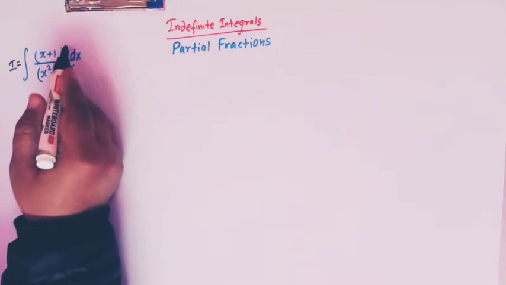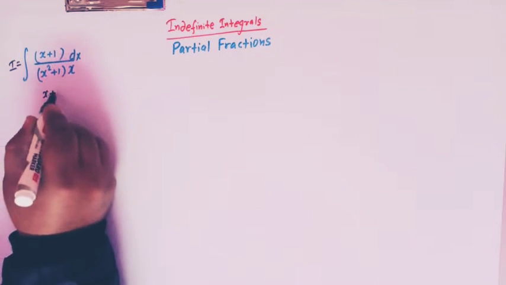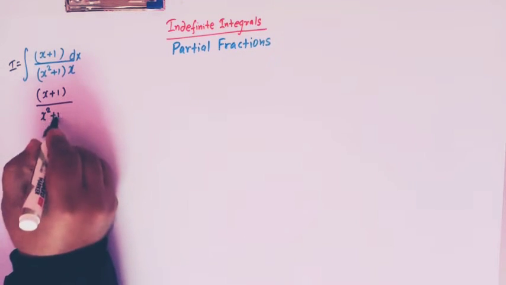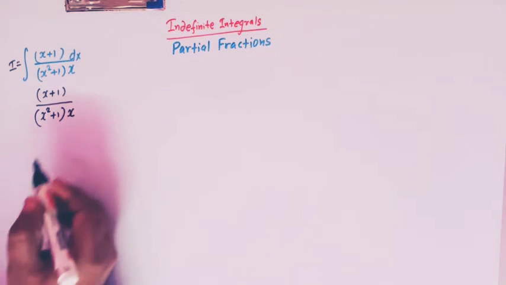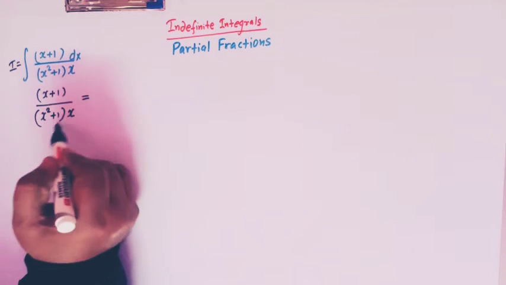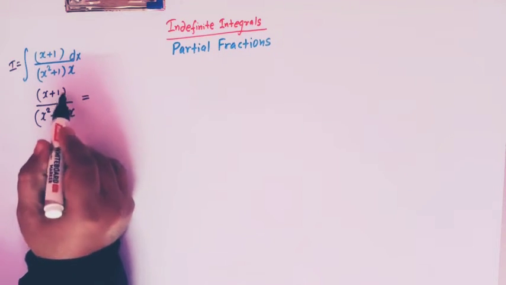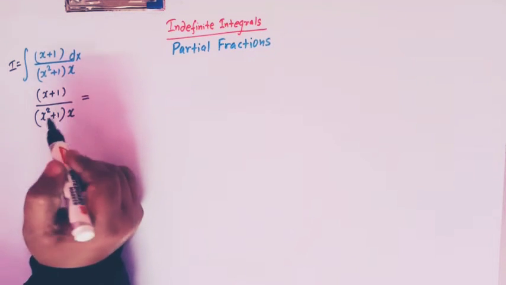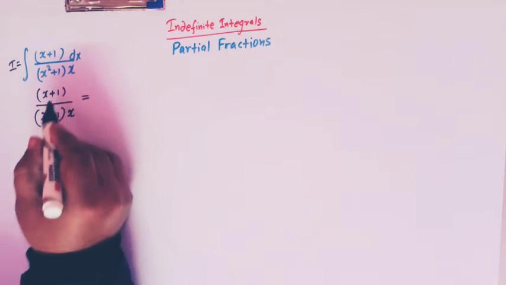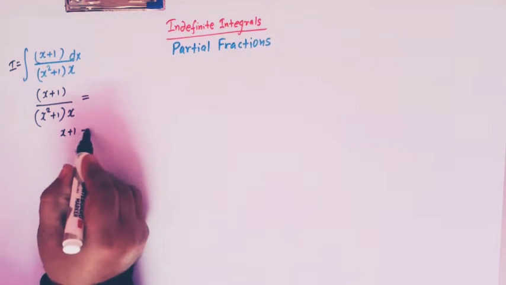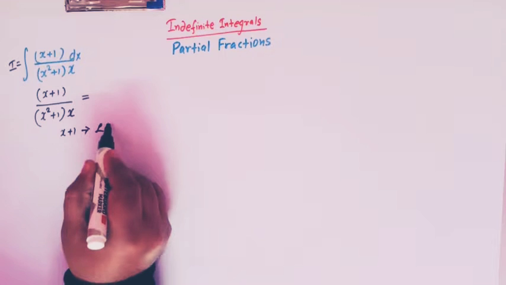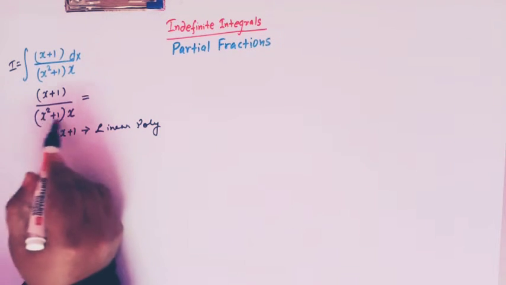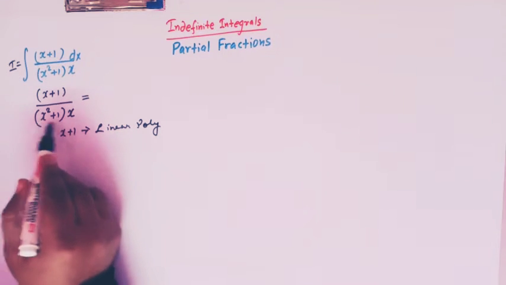So let us first observe this integrand, which is a rational function. This rational function has a numerator and a denominator which are both polynomials. Here x plus 1 is a linear polynomial, and in the denominator we have two factors.